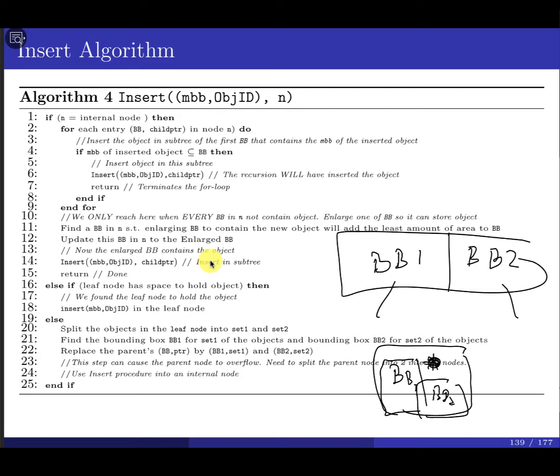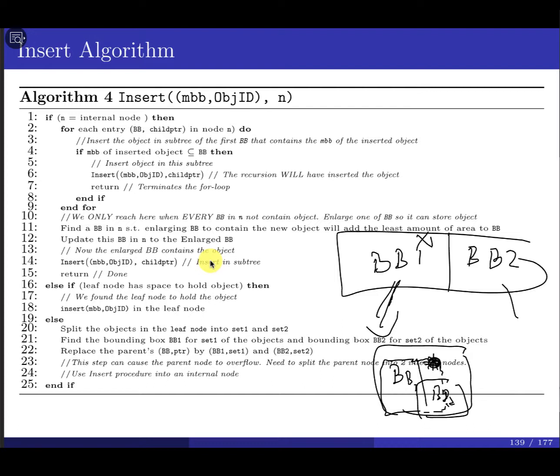So in this case, the system is going to try to choose one bounding box that can be enlarged, increasing the area of one bounding box, in the way that adds the least amount to the area. So maybe this one is closest to bounding box 2, and the size of bounding box 2 is going to be enlarged until it can fit this object inside. Update the value, then after that, you can insert the object inside.